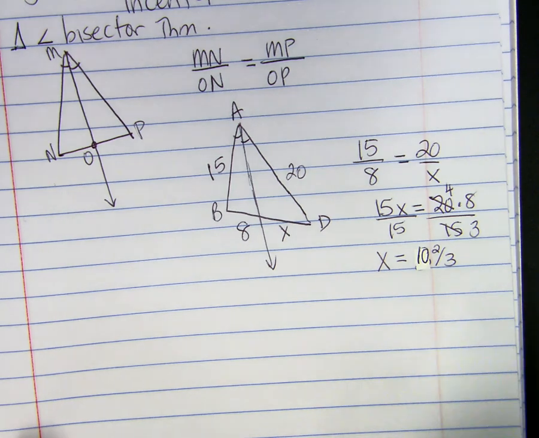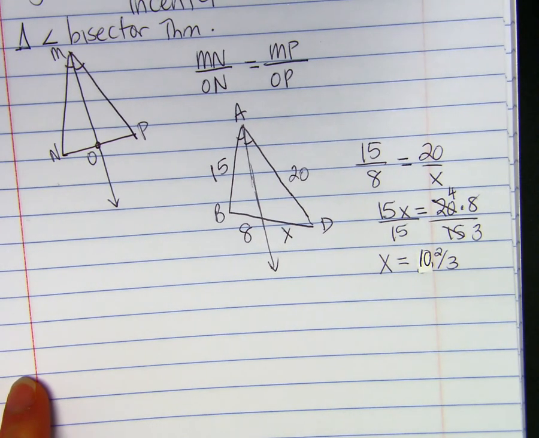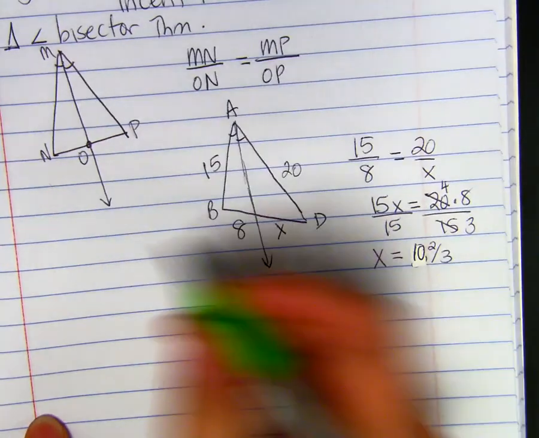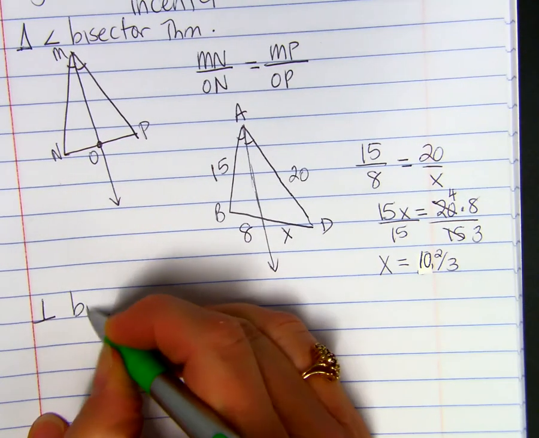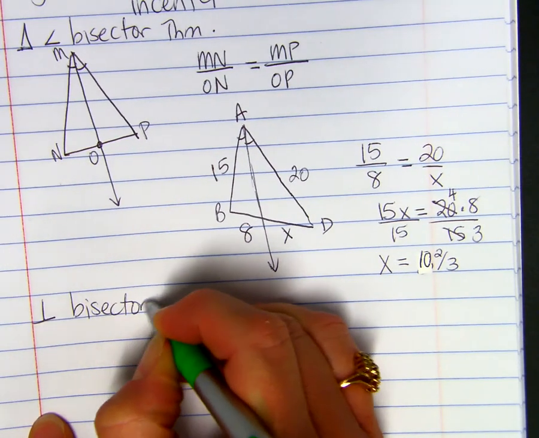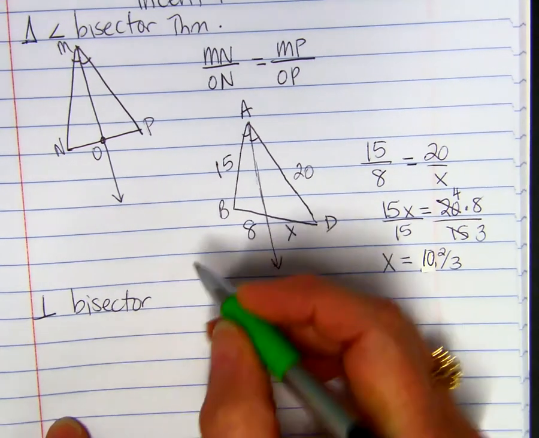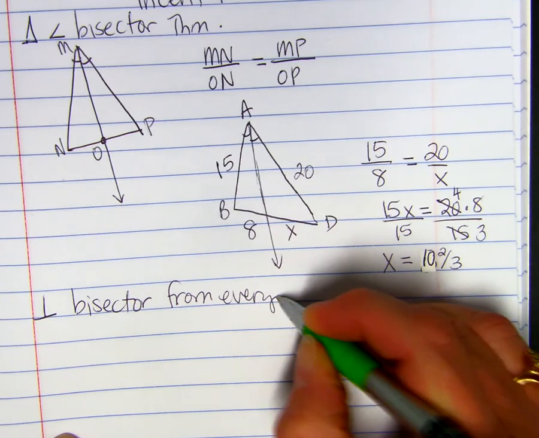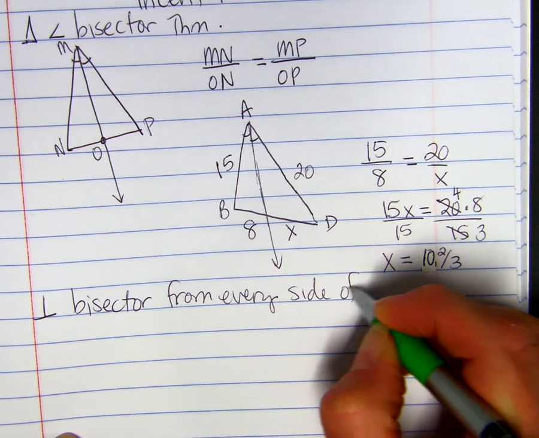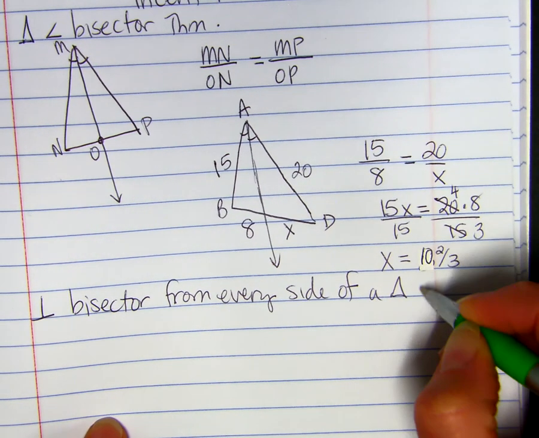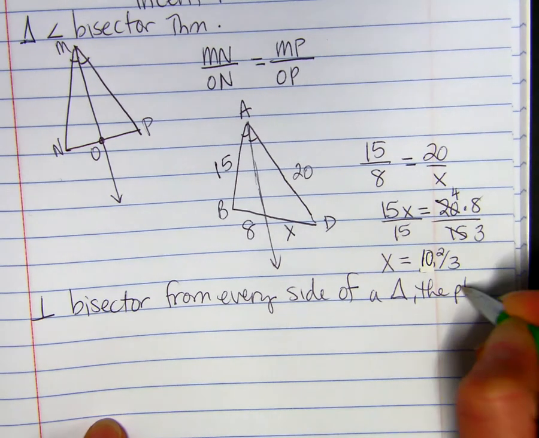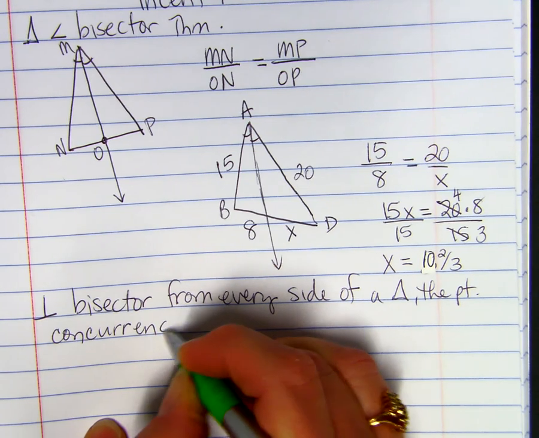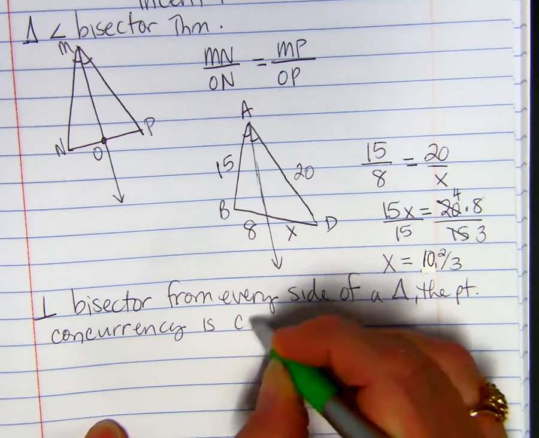Okay, now the last one is a perpendicular bisector. So if you draw a perpendicular bisector from every side of a triangle, the point of concurrency, which just means where they meet, is called the circumcenter.